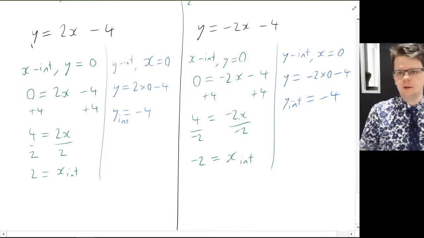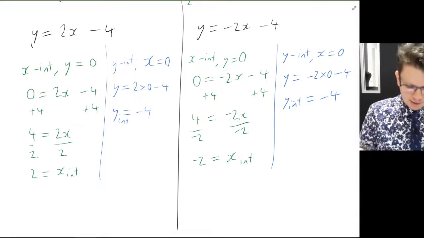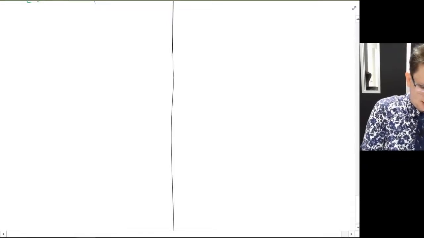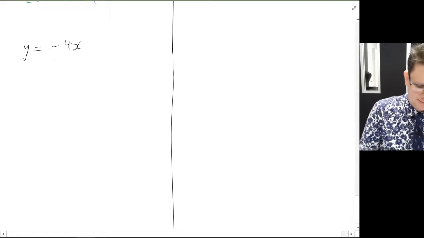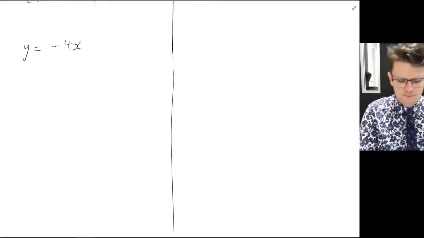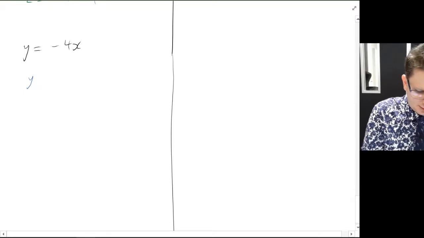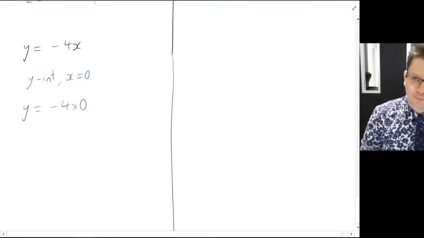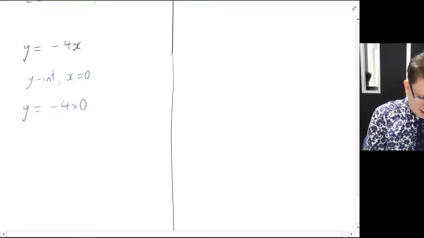Alrighty. The last one I want to have a look at is the exceptions to the rule, because I think it's important to always have a look. So let's have a look at y is equal to negative 4x. For the y-intercept, x equals 0. So y is equal to minus 4 times 0, which means that my y-intercept is just 0.